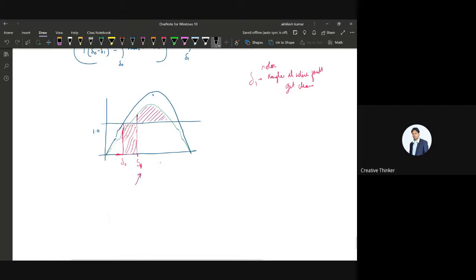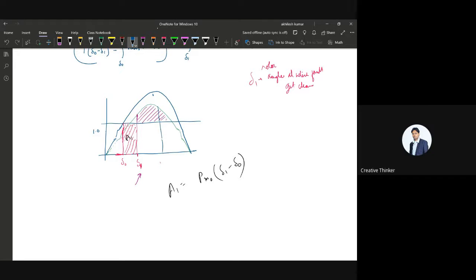Now the accelerating area is A1, and A1 is equal to Pm naught, that is 1 per unit, times delta 1 minus delta 0. This is the accelerating area. Now the same amount of decelerating area is required, so maybe we can cover the decelerating area here only.